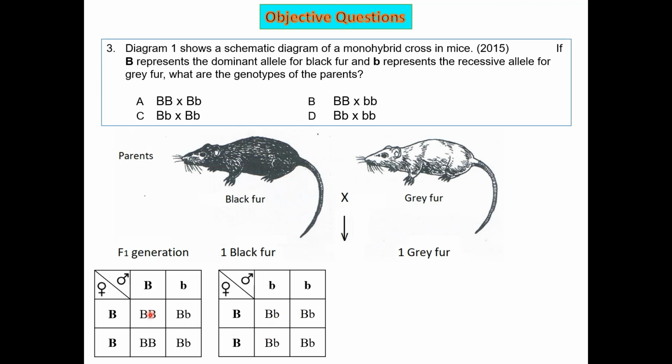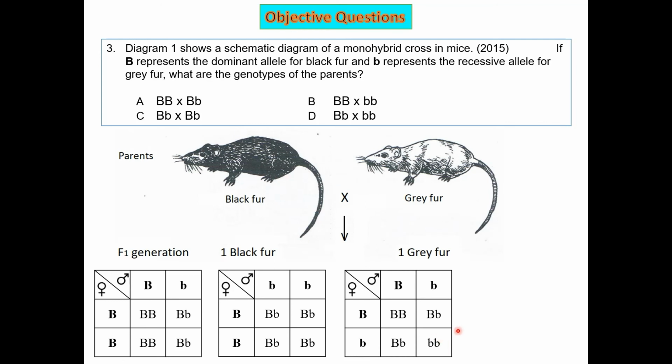This one is homozygous dominant. This is heterozygous dominant. Okay, let's try C. C is 3 to 1. We want the ratio to be 1 to 1, but this is 3 to 1, so it's not the answer.